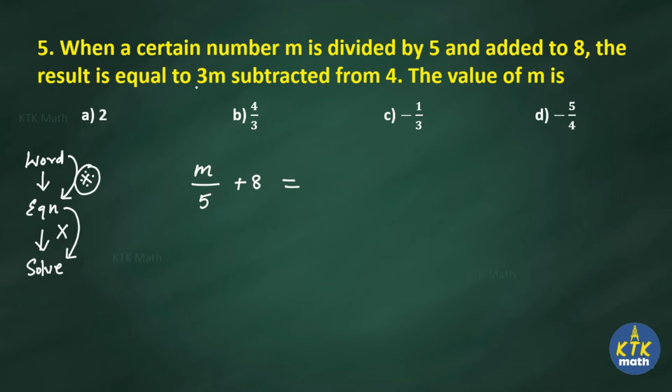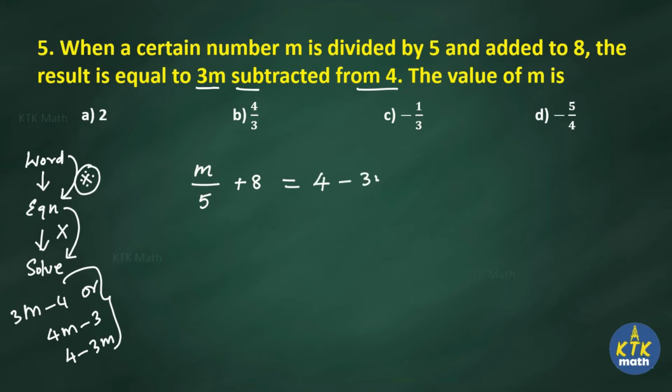Read carefully: 3m subtracted from 4. So do I need to write 3m minus 4, or 4m minus 3, or 4 minus 3m? You may have a lot of confusion here. Whenever "from" is given, that should be written first, and then you need to write 4 minus 3m. So now our equation is ready.